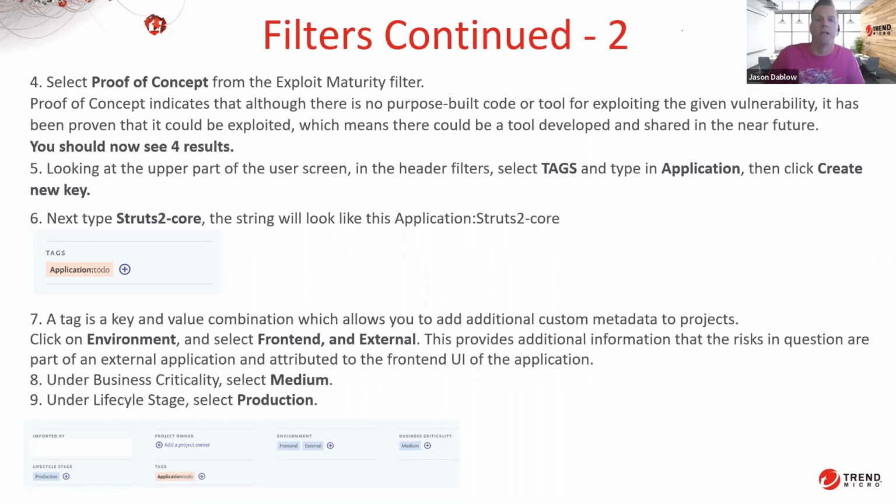It's essentially an idea of an exploit that could be used in an environment, but it doesn't mean there's specific code to do so. So that's the difference between proof of concept and mature in terms of exploit level. Proof of concept would be lower down in your severity.